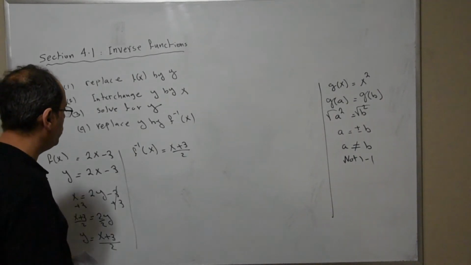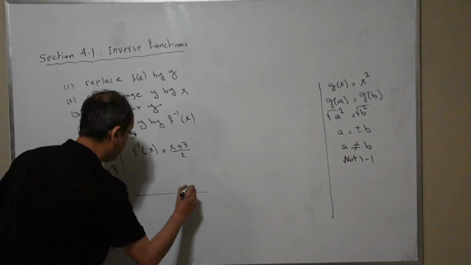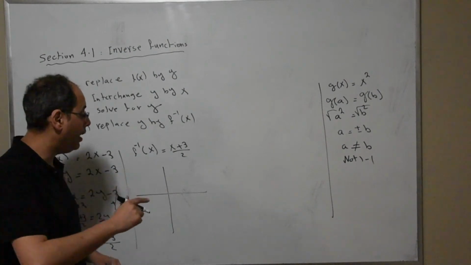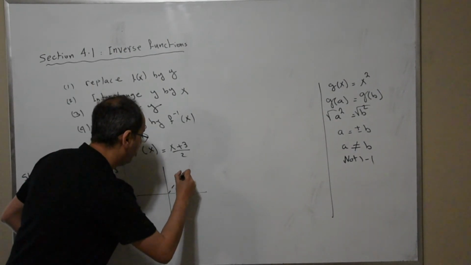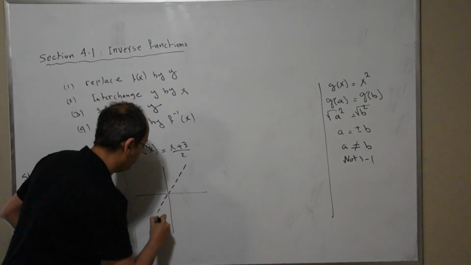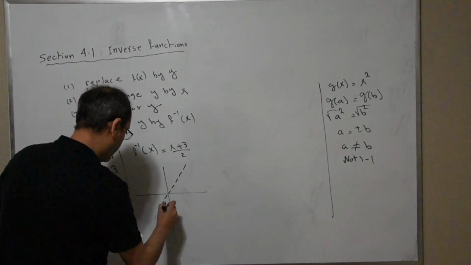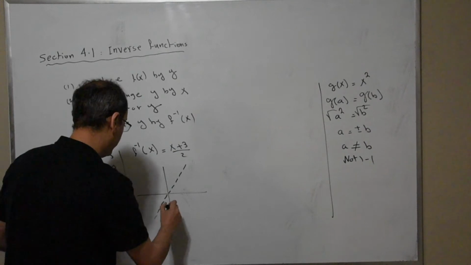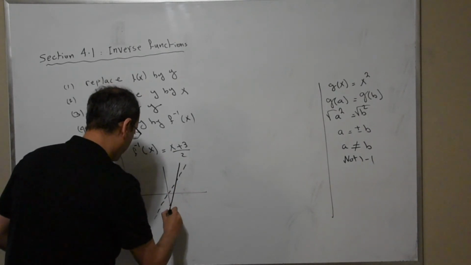Before we go to the second function, I need to explain something here. The function and the inverse function are reflected about y equals x. So it is y equals x. Okay, and here I go the negative 3 and 2x must be that way.